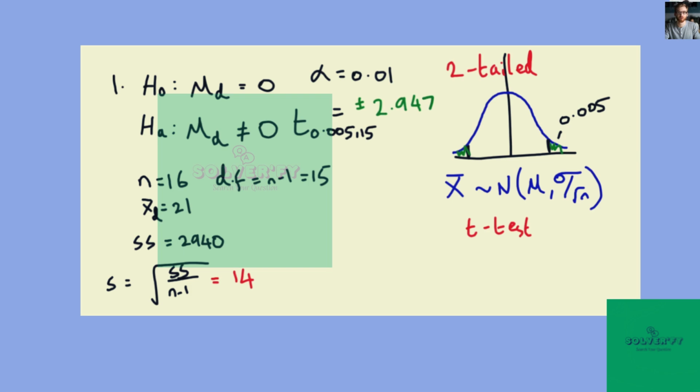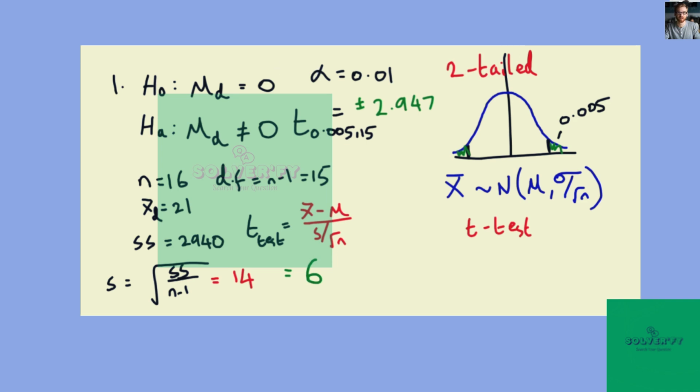Now for the test statistic, basically the z-score of the sample mean. Again, we just call it t because we're looking at a t distribution. To find a z-score, you take the raw value, you subtract the mean, you divide by the standard deviation, or what we think the standard deviation is. So here we have 21 minus 0 divided by 14 over root 16, which is 6.